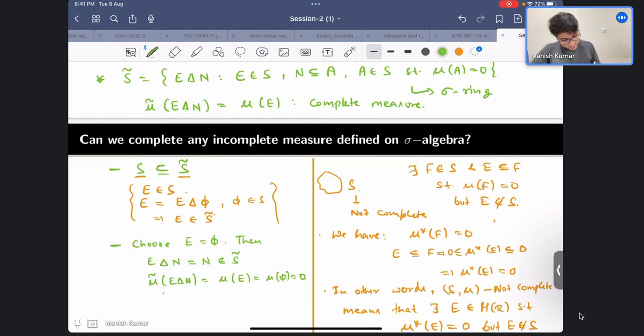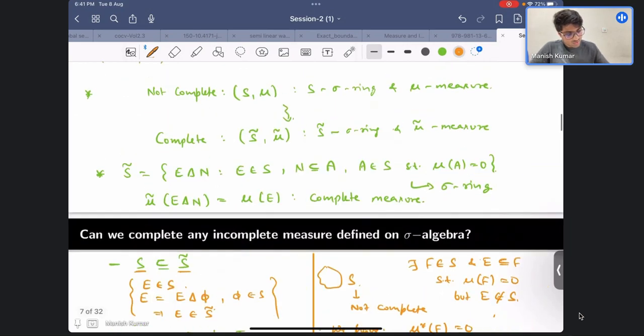So this is nothing but mu tilde of N. So these sets N, which were subsets of some measure 0 set, were not there in S, because S is not complete.